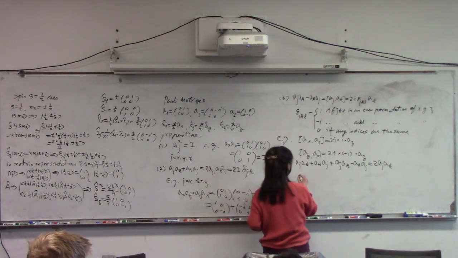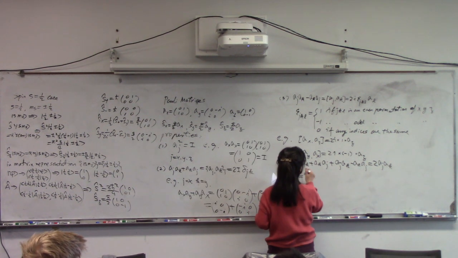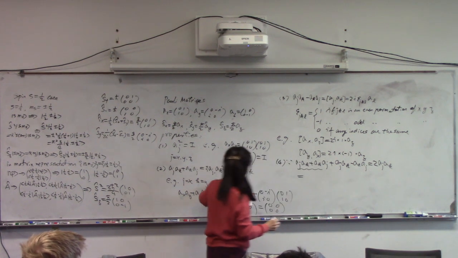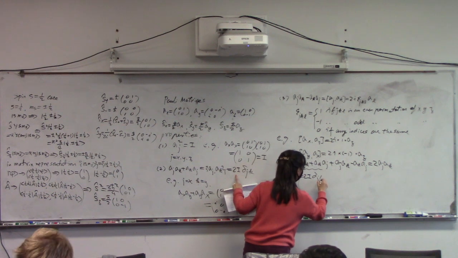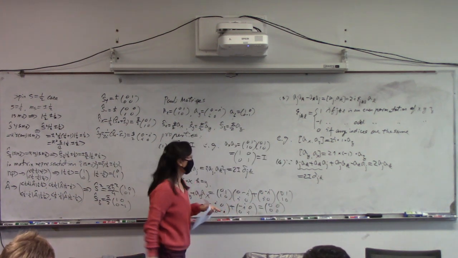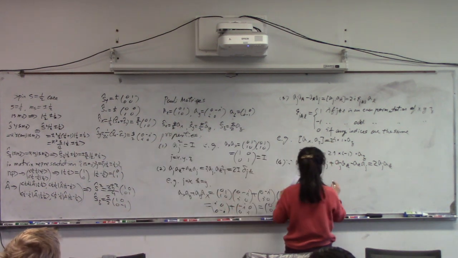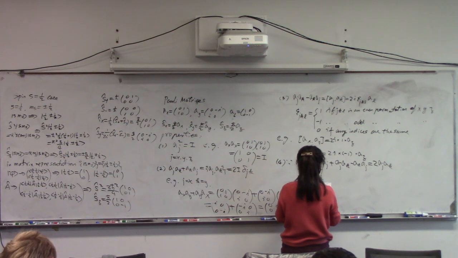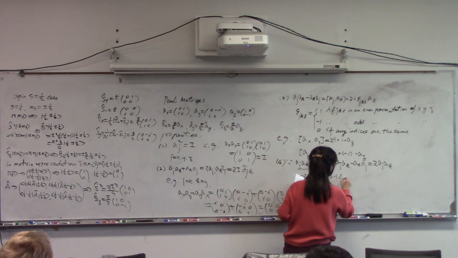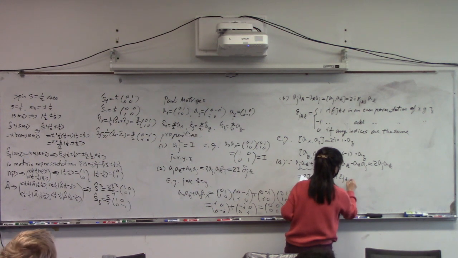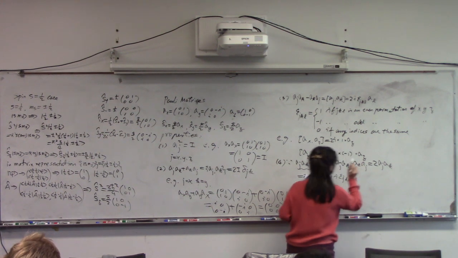And that equals, now this part is this one, 2i delta jk, plus 2i epsilon jkl sigma l, right?